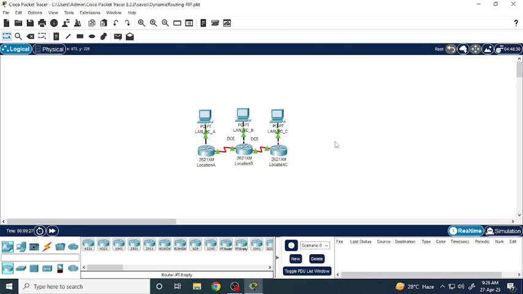Since we're talking about a WAN environment, because we simulated a WAN environment, and in simpler terms, the internet environment, on the internet, as we know, there are a lot of network IDs in play. So it's better to use dynamic routing with the help of a protocol, because in that scenario we don't have to keep track of all the networks.